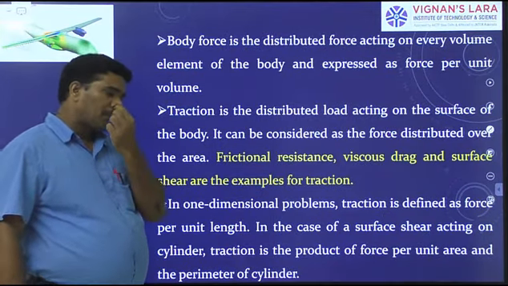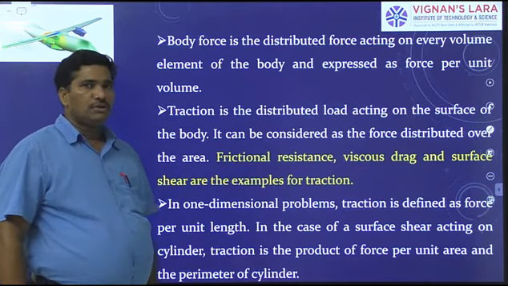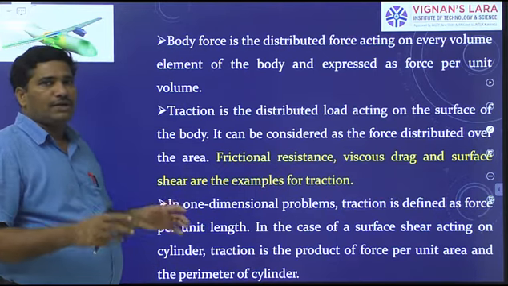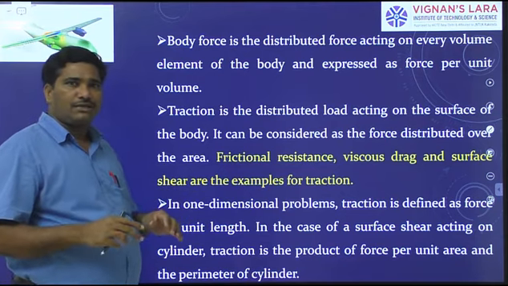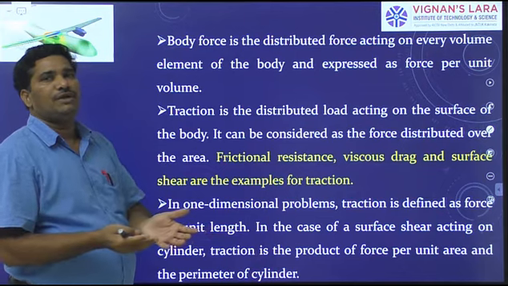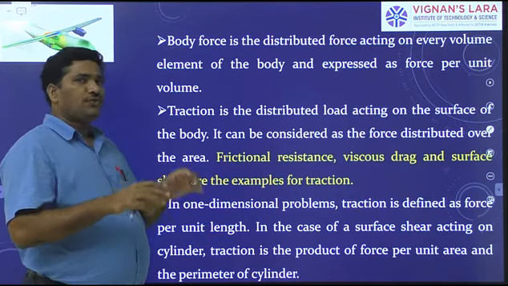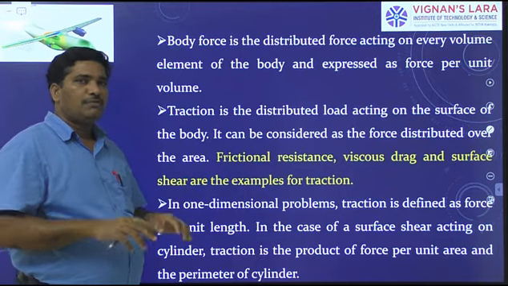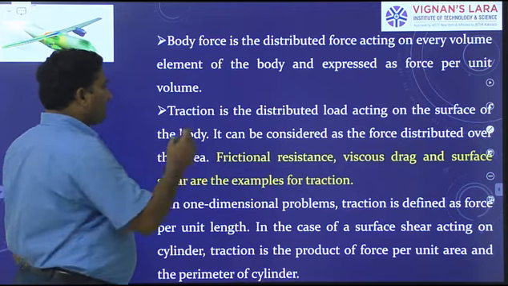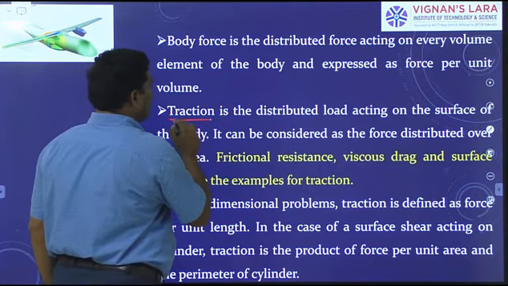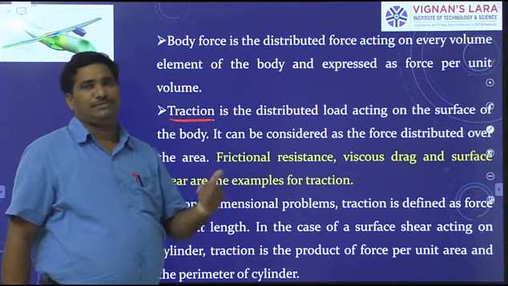Okay. Now, body force. Body force is distributed per unit volume because it is acting on the entire volume of the object. Hence, we can define the body force as the force distributed per unit volume. Right? And coming to traction, traction is the distributed force acting on the surface of the body.